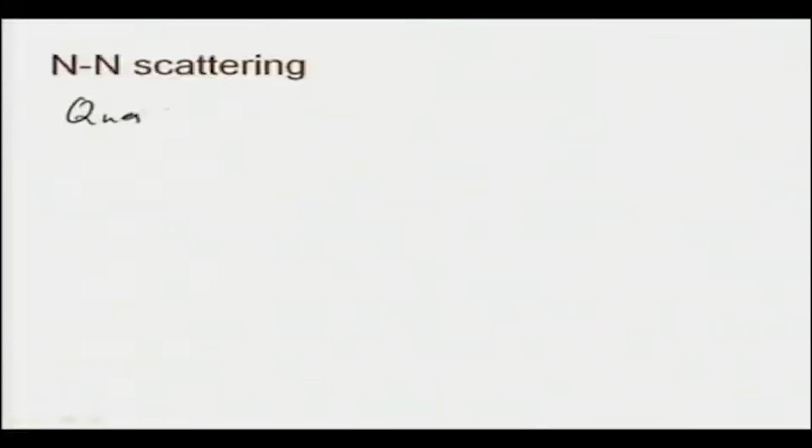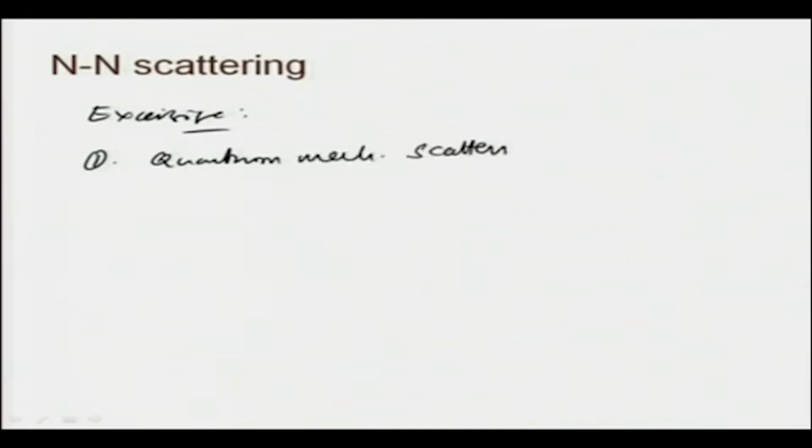Now, before we conclude, let me suggest some of the things that you can work out, exercises that you can work out. One thing is, I would urge everybody to take your favorite quantum mechanics textbook and go through the section on scattering theory, the quantum mechanics scattering problem.